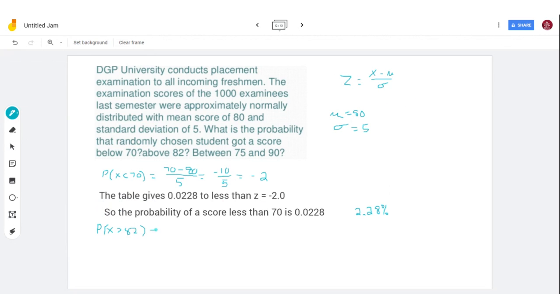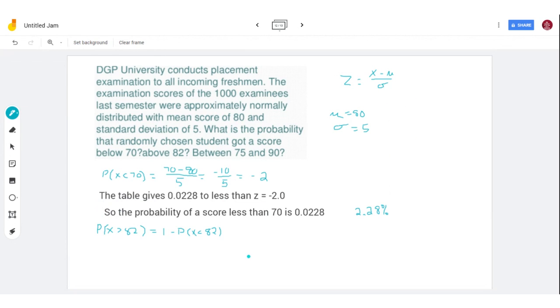It's going to be equal to a probability, one minus the less than. So we're going to follow the same procedure, but when we get that probability back, we're going to subtract from 1 because it wants above.